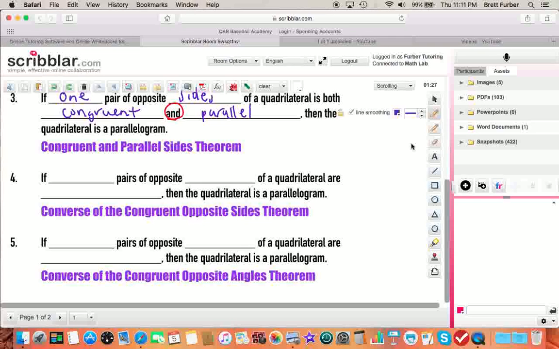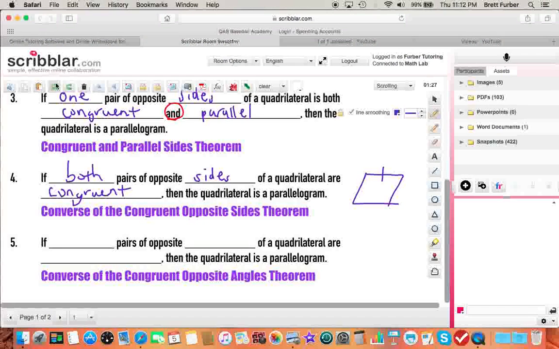If both pairs of opposite sides of a quadrilateral are congruent, then it's a parallelogram. So if it shows this, is that enough information to prove that this shape is a parallelogram?